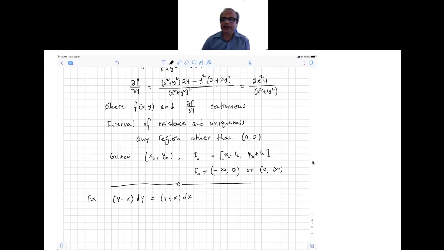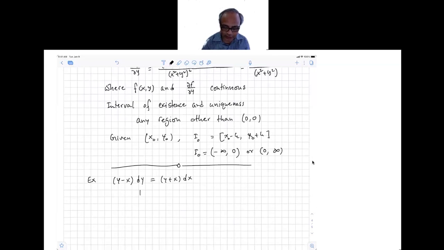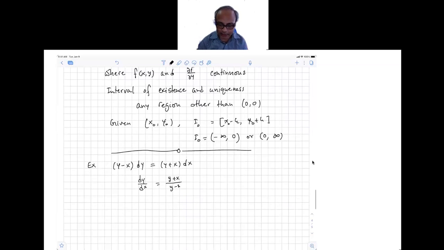This equation is not in the standard form, so first put it in the standard form: y prime equals (y plus x) divided by (y minus x), and you identify what your f of x, y is.